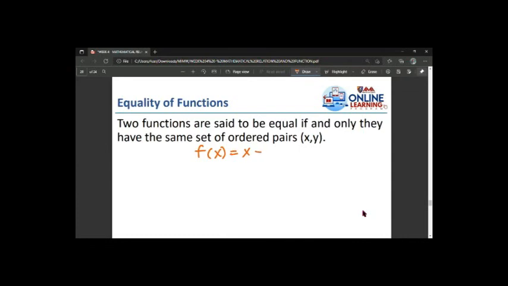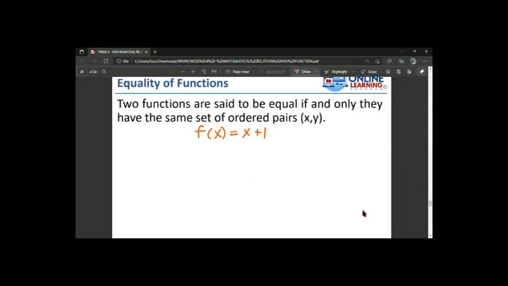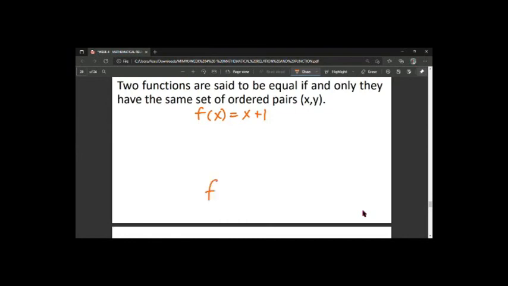So f of x is equals to x plus 1 while yung second natin is f of x is equals to, lagyan natin ng parang separation para ma-differentiate natin ang ordered pairs nila. Wait, ang second function is this one. 2 times x minus 1 minus x plus 3.